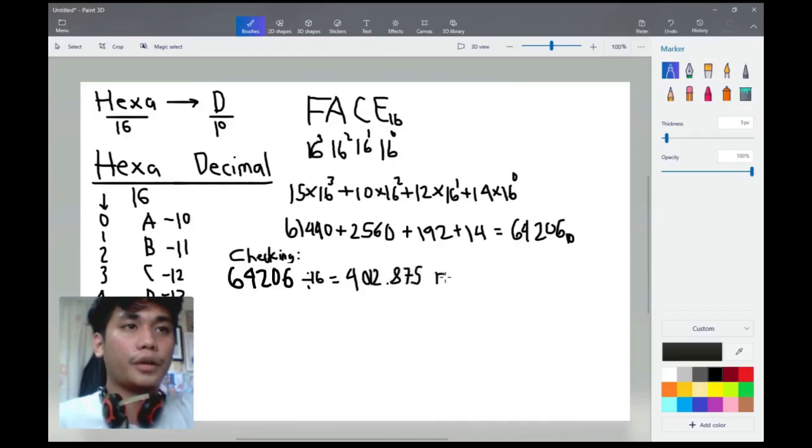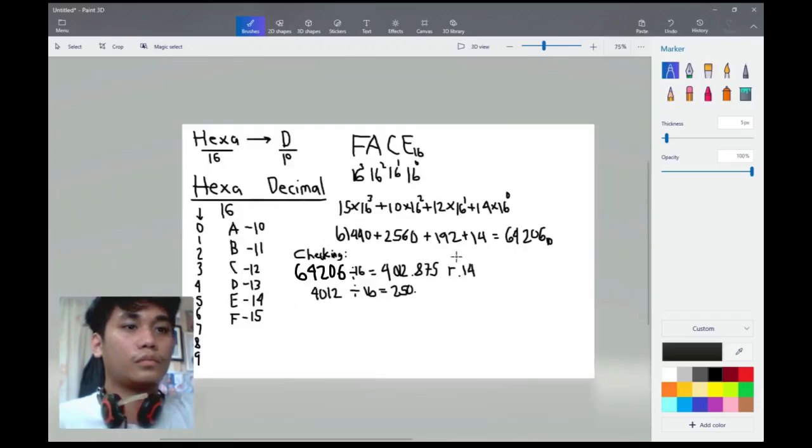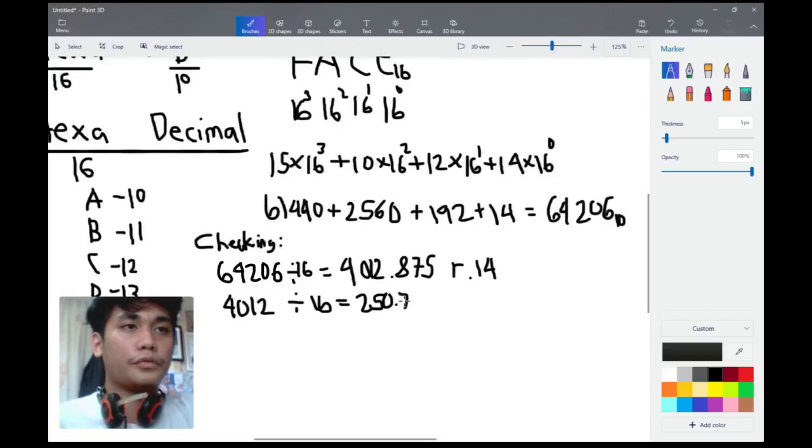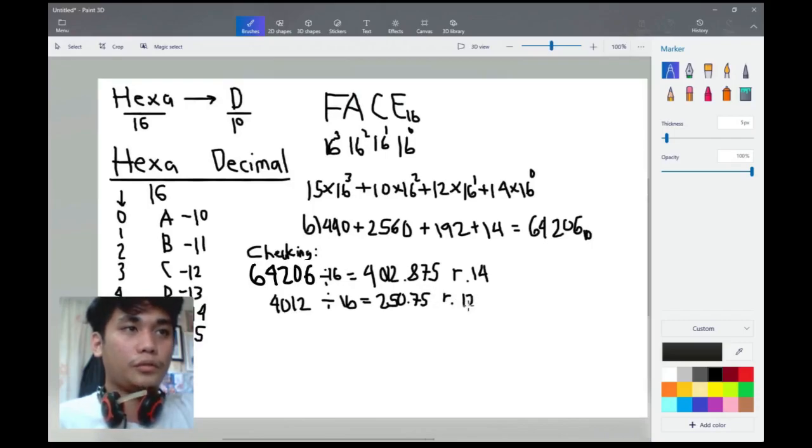We have the remainder: 0.875 times 16, that's 14. So we have 4,012 divided by 16 equals 250.75. 0.75 times 16, that's 12. We have a remainder 12.